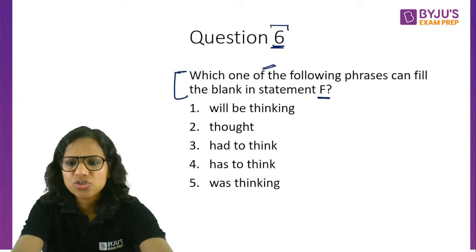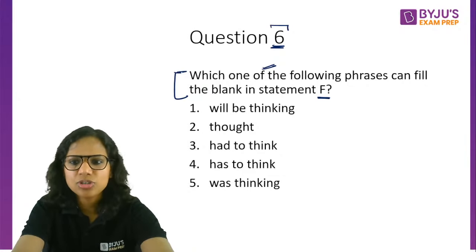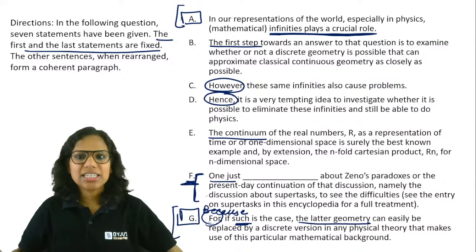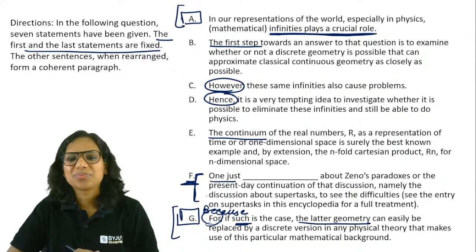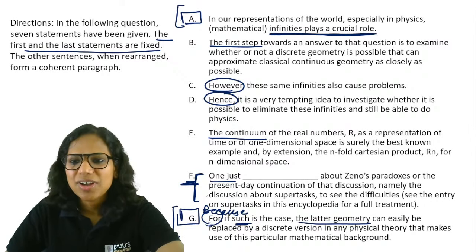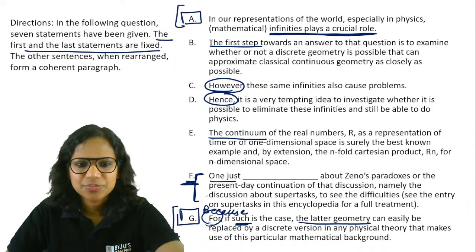So this is your question. I hope you've read your options. Now I'm going to the blank. Take the help of other sentences. They will help you. 5, 4, 3, 2. That's what I've got. 1 also. So basically all the options.